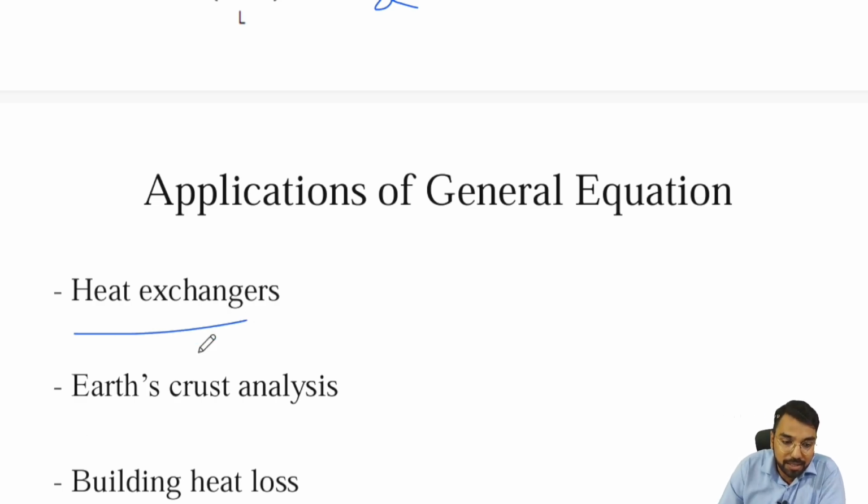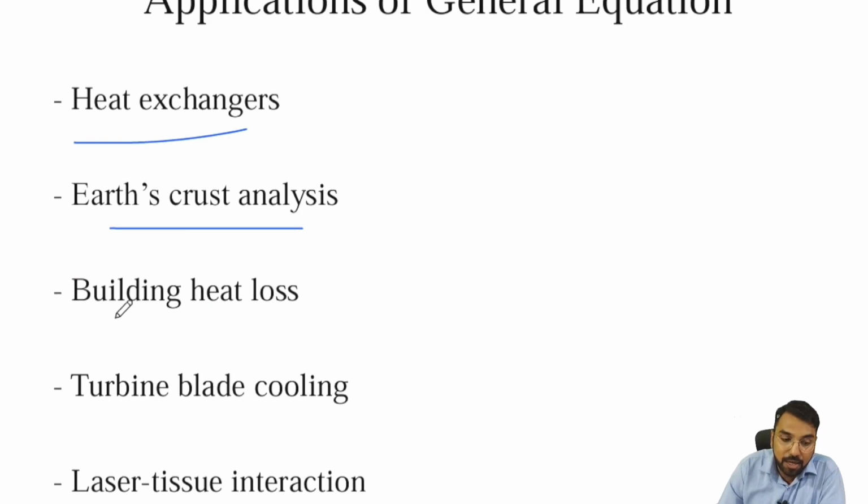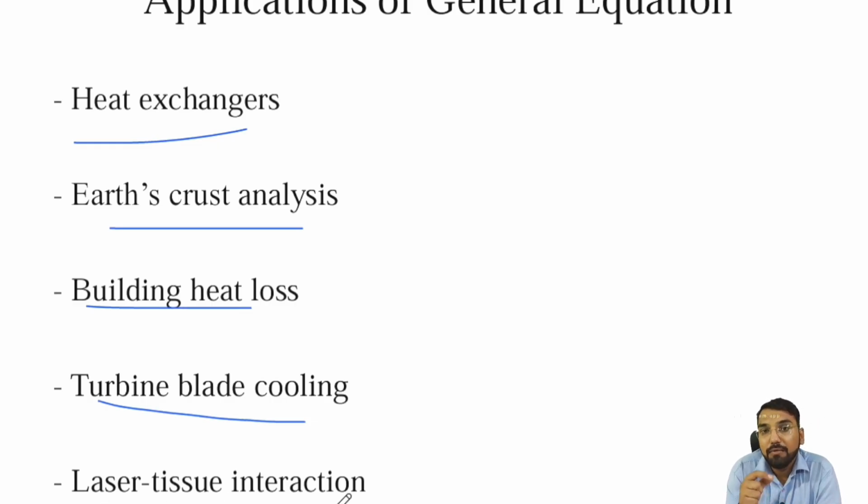The heat exchanger, earth crust analysis, building heat losses with or without insulation, turbine blade cooling, and laser tissue interaction are applications where we can use the three-dimensional equation, but to understand how heat transfer takes place initially, we convert it to one dimension, because it is much easier.